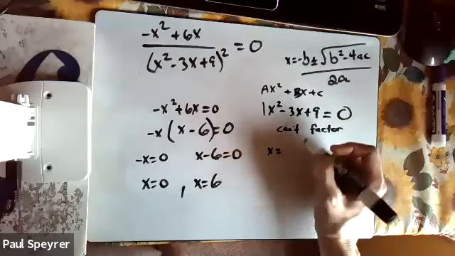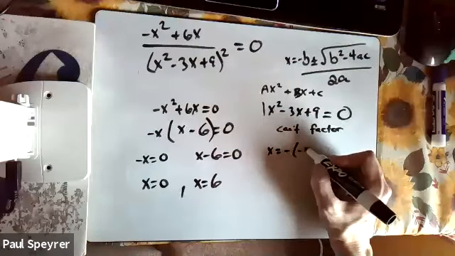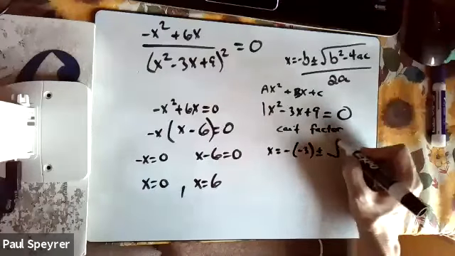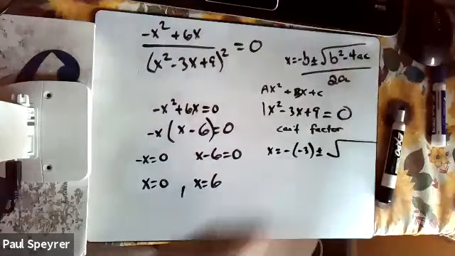So x equals negative b, watch the signs, plus or minus the square root of, I'm going to run out of space.